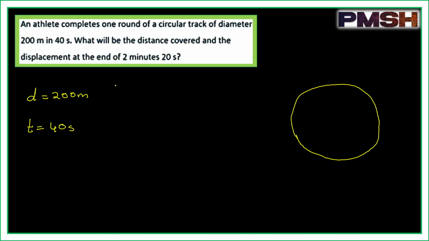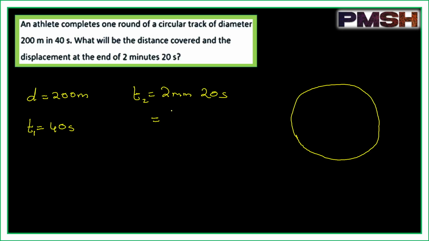We need to know what is the distance and what is the displacement at the end of 2 minutes 20 seconds. Okay. So given time is at the end of 2 minutes 20 seconds. Let this be for one round, let be T1, let be T2.